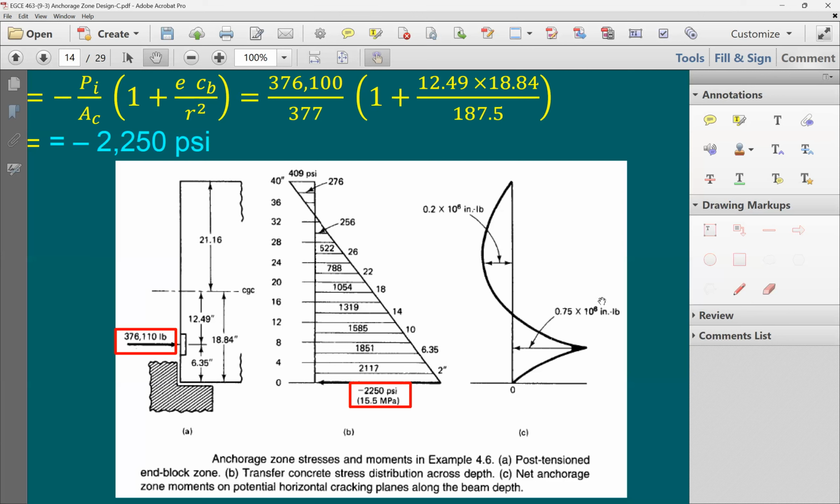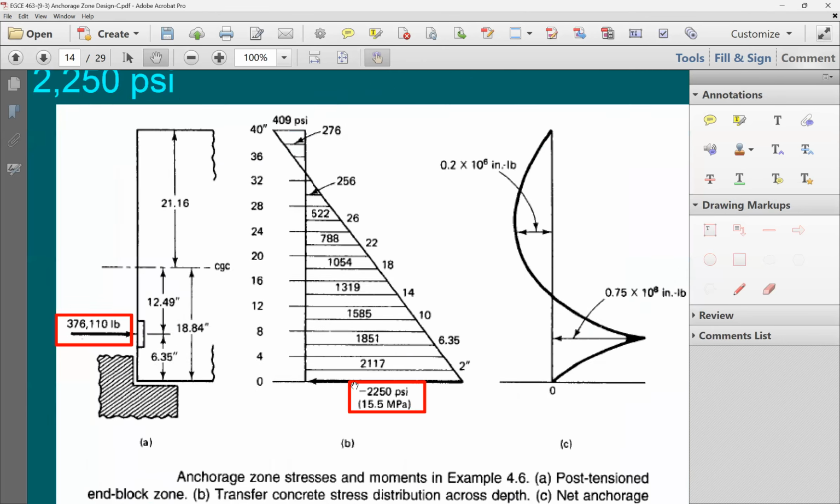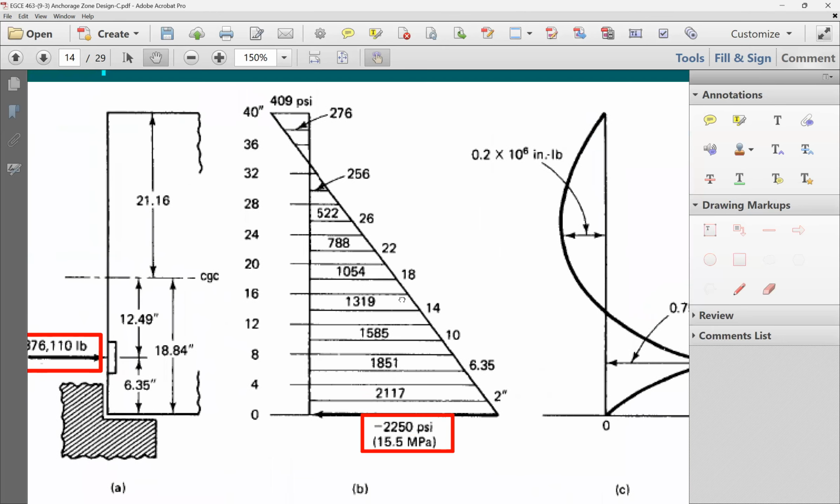So first, I'm gonna be cutting this total depth of 40 inches into segments. Each one of them is gonna have a height of 4 inches. You guys see my screen? Yes. All right. Here's the first 4 inches.